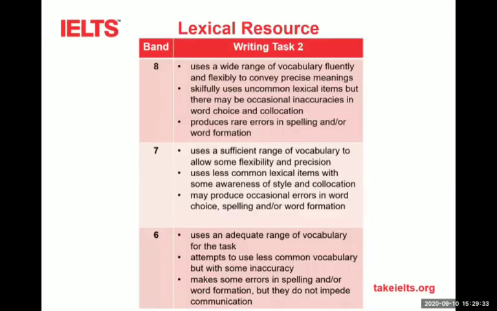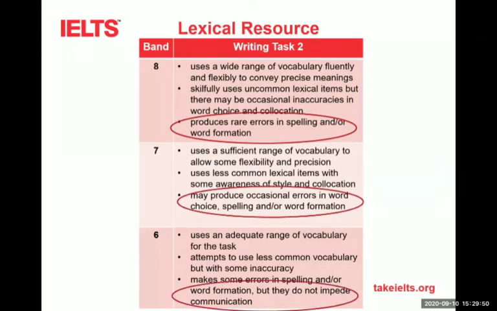At the moment, I'm just going to focus on the lexical resource because we're working on vocabulary. So doing something like I just did with that topic will impact your score in the lexical resource. Specifically, it will impact your score in word formation, which is the third bullet point there.